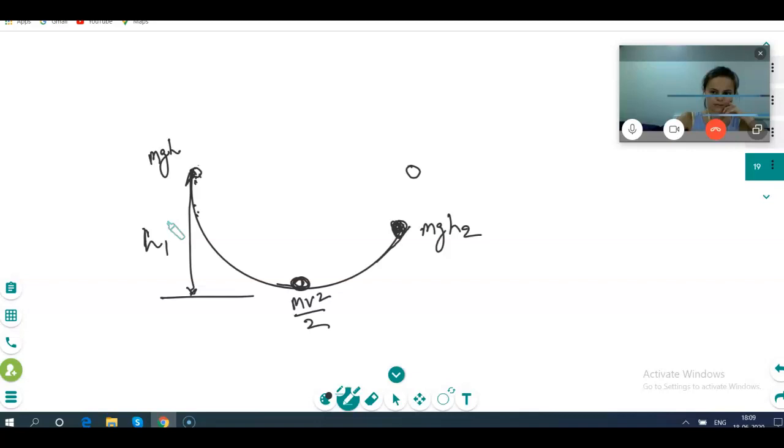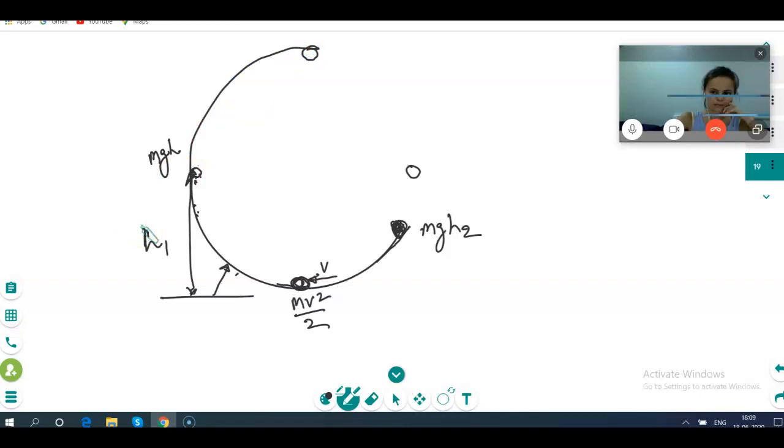Okay. So what my intention is, suppose this is frictionless. So if I give one velocity v here, I want to keep this ball here. What velocity should I give here?